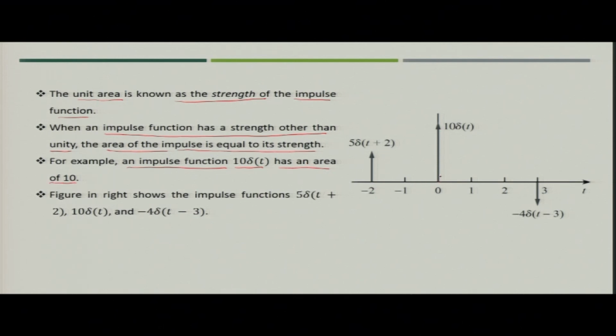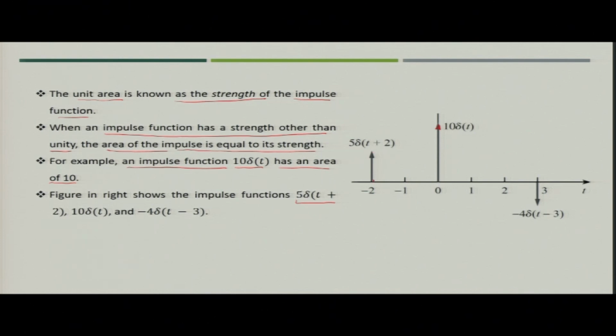You will represent them with some scale, and in this figure you can easily see that this is the value of 10 delta t, and this is 5 delta t plus 2. If you compare with respect to the unit step, we discussed that it is advanced by some time, minus t naught.